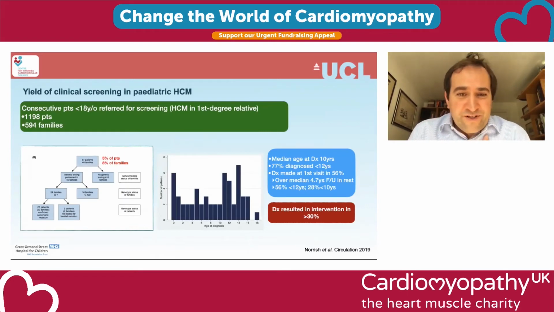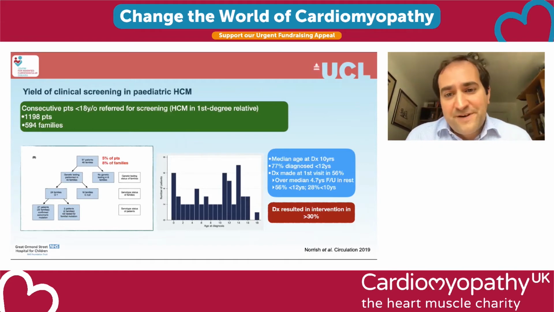But in our experience, where we have been screening children from birth, really, we have shown that in a substantial number of patients, about 10% of families, if you look for evidence of hypertrophic cardiomyopathy, you find it there, and you find it at the very beginning.